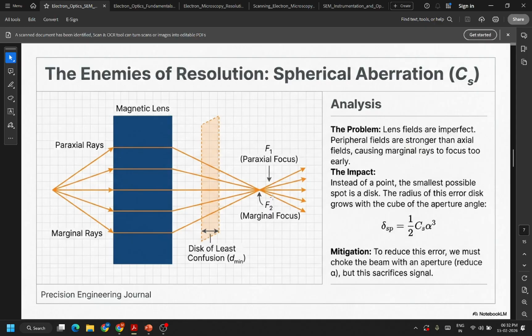Since they are not focusing at the same point, we don't get a point. Instead, we get a disk, which is called the disk of least confusion.